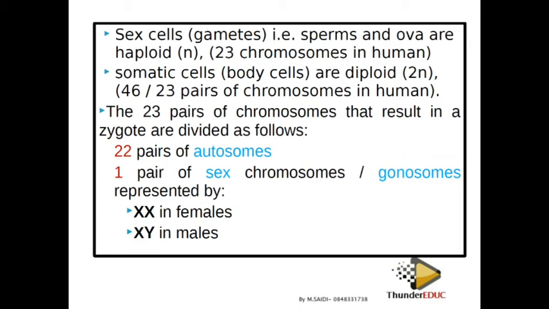So in a sperm cell and an egg cell, you will find half the number of chromosomes. With humans, sperm cells have 23 chromosomes, and with females, the egg cell has 23 chromosomes.